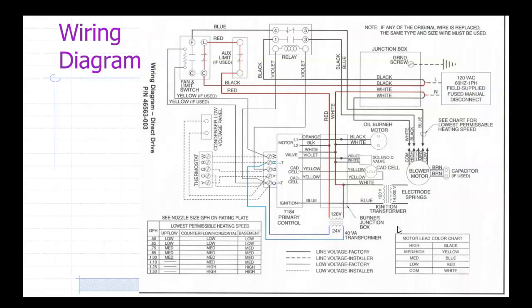It's showing me my transformer. It's showing me a blower motor. You've got your limit switches, and it's using color codes to show you where everything is made and break.